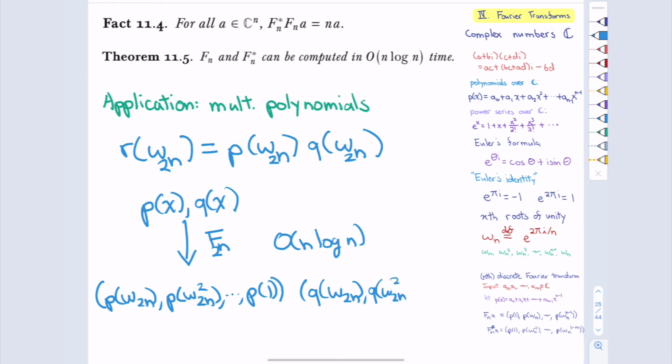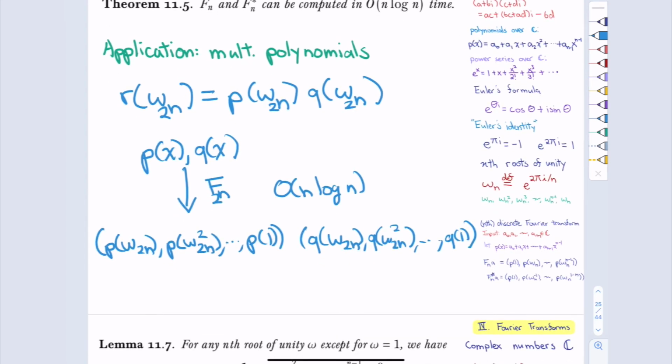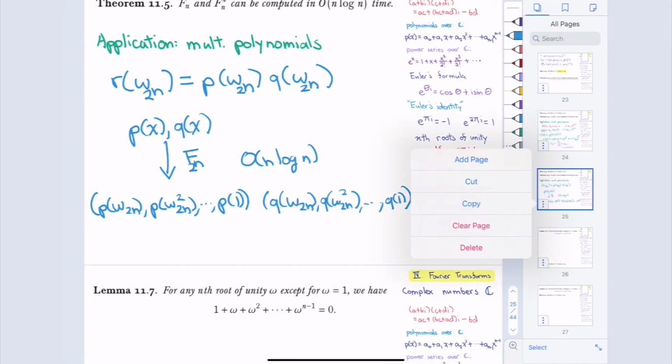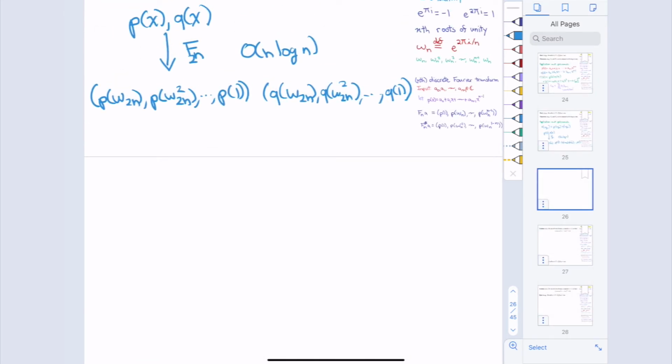Okay? So I can get all these values in n log n time, not n squared time. And now I just multiply them pairwise. Okay? So I can multiply them pairwise, right? And in constant time for each one, I can get the corresponding values for R.